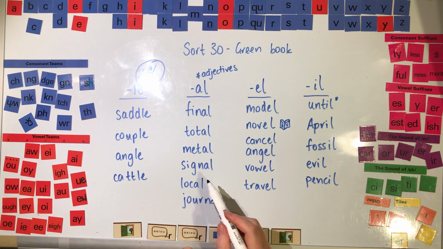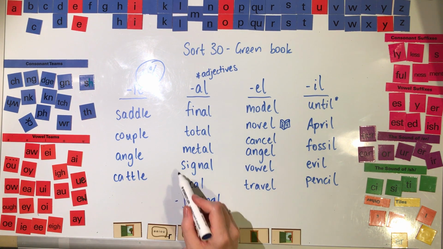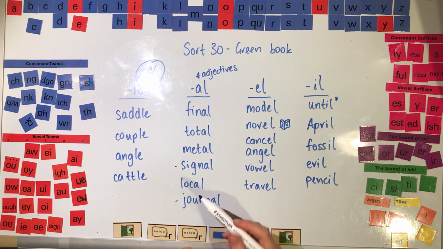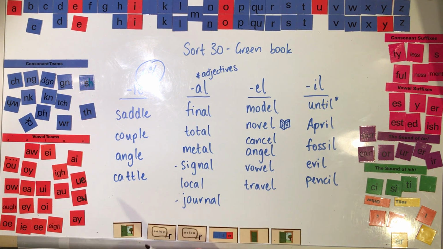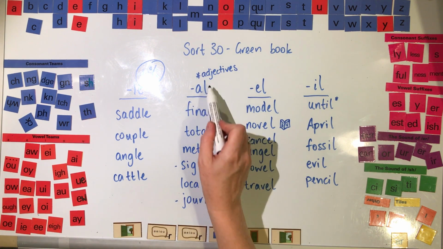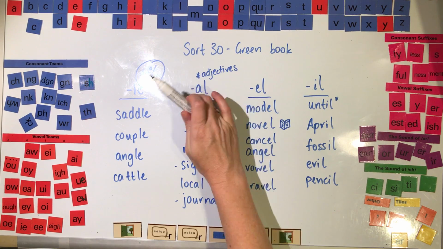Not sure signal is an adjective, but the local park, and that's not an adjective either, so they're actually not all adjectives, but a lot of them are adjectives. So if you're writing a word that's a describing word and you're wanting to make the ul sound, then chances are quite high that it will be the AL spelling. So they're my 2 tips.